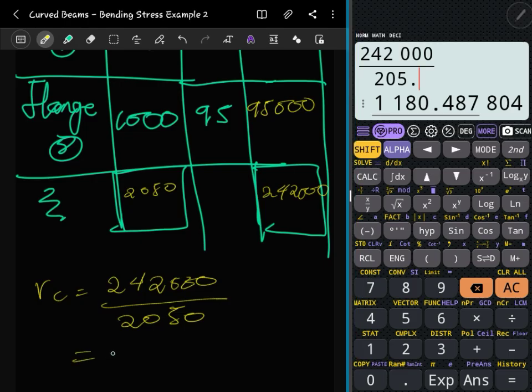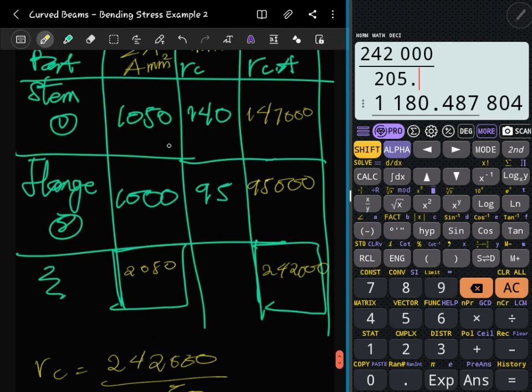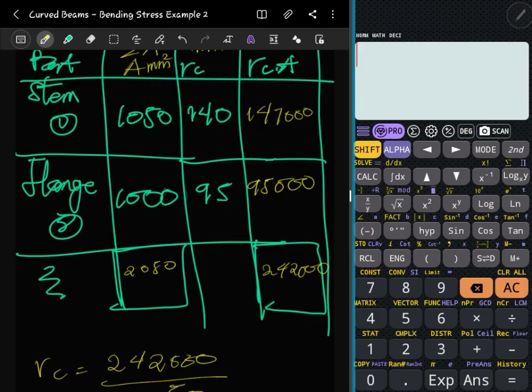That's our RC. Something is missing. It shouldn't be that huge. Okay, let's do it again.